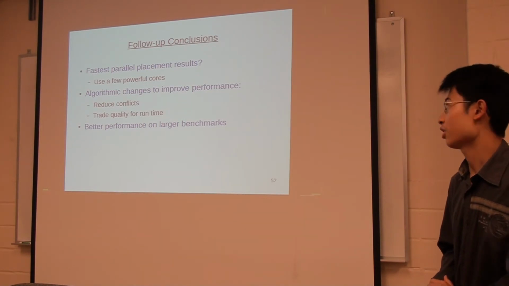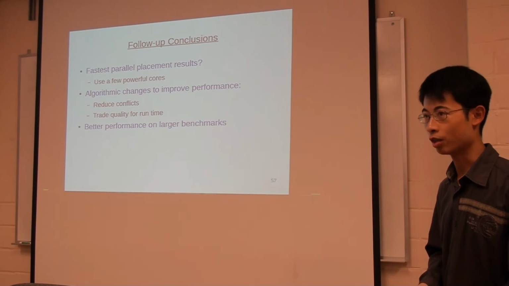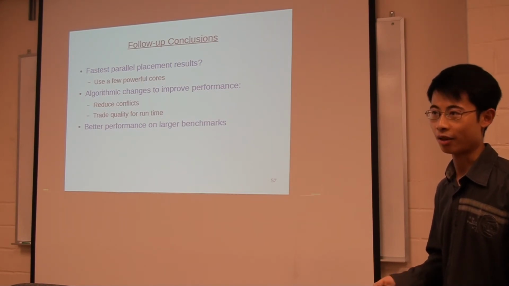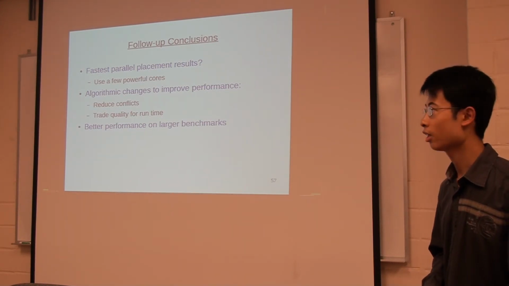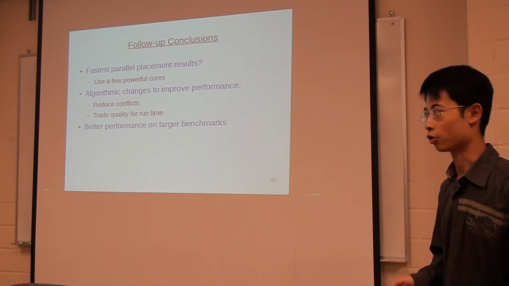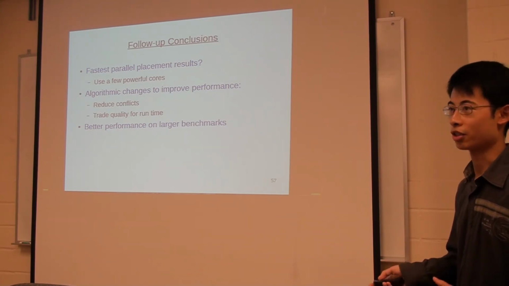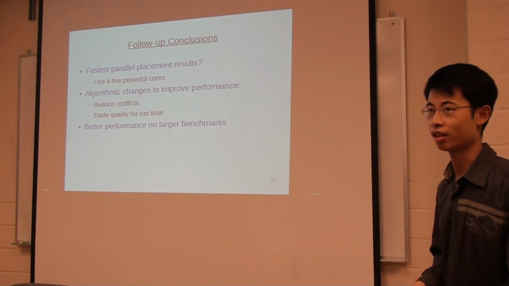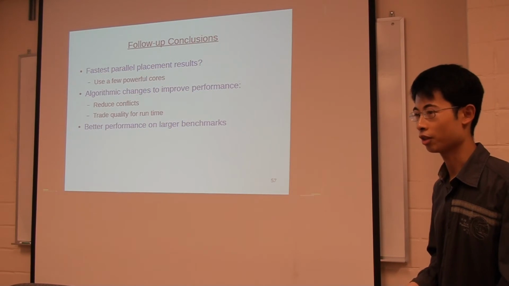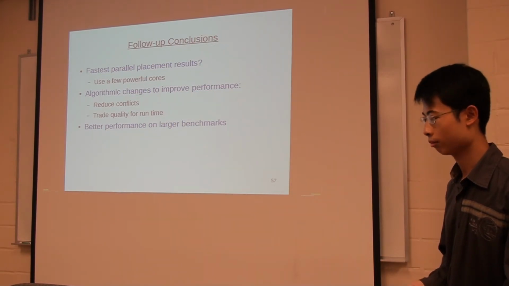And this is echoing results from earlier work that algorithm changes can improve performance mainly by reducing conflicts between moves, but it's important to find the right threshold to make a trade-off between quality and runtime. And from early results with the Titan benchmarks, we see that performance might actually improve with larger circuits. So that's encouraging for future work.